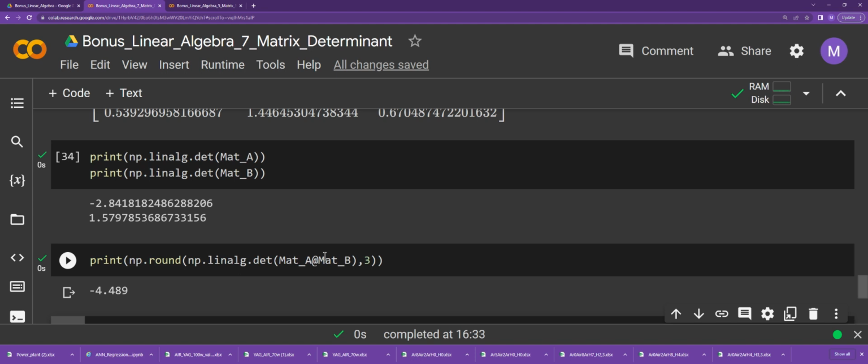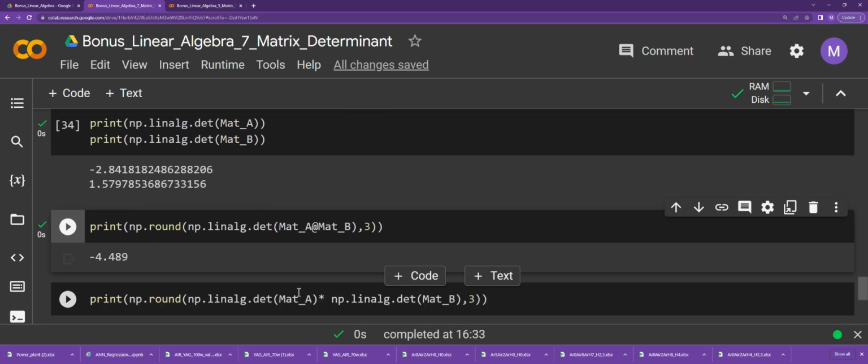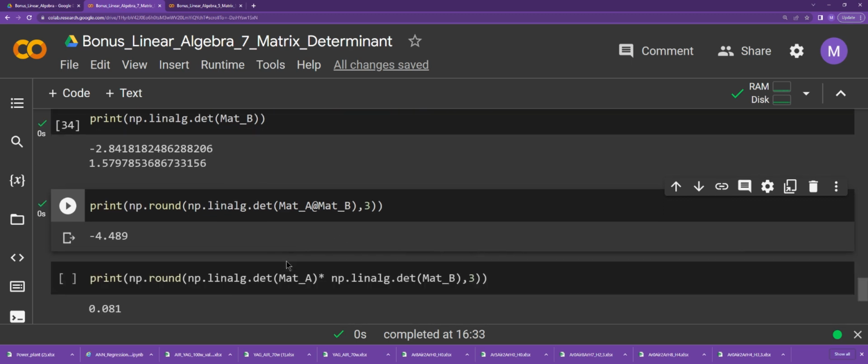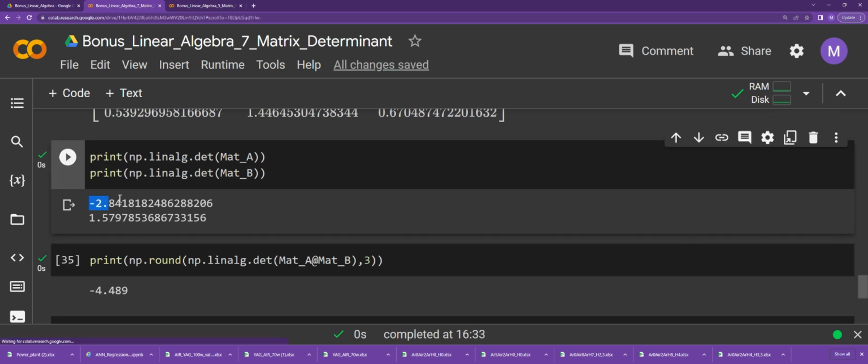So if two matrices are dot producted with each other, there is a new determinant, obviously provided that there is no linear dependence in there. What if I actually get these two values and multiply them together?